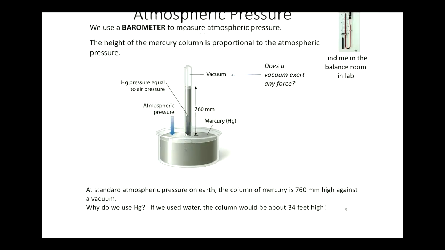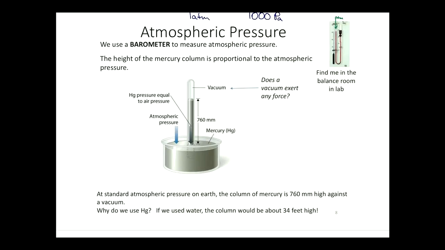So where the whole 760 millimeters of mercury comes into play is the same idea. This picture is basically the same as the red tube. We have a vacuum in here. Atmospheric pressure is pushing down on this pool of mercury. This vacuum is not exerting any force. But what is exerting force is the weight of the mercury inside the tube.